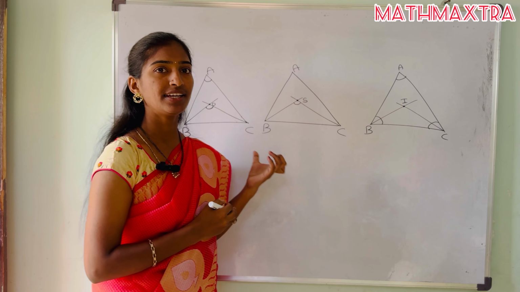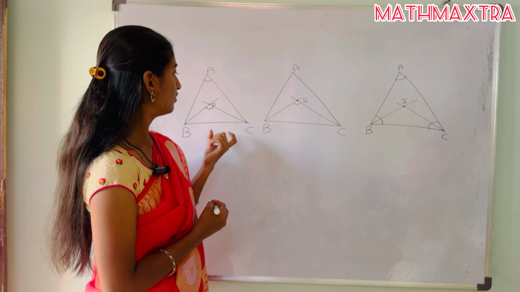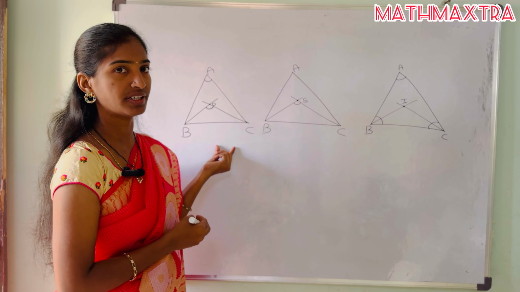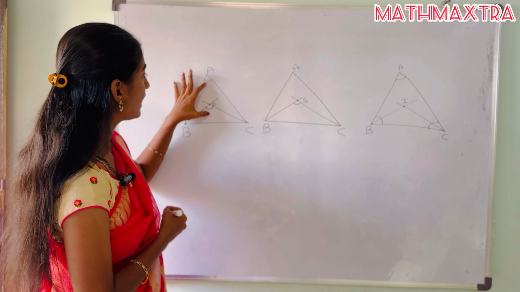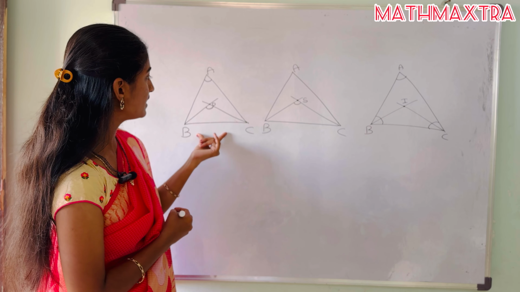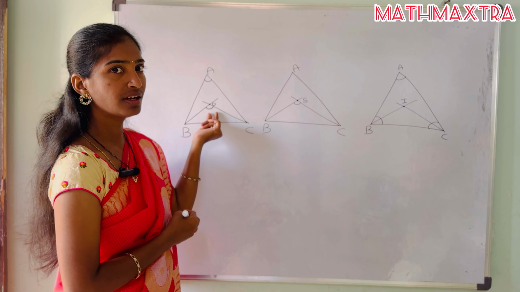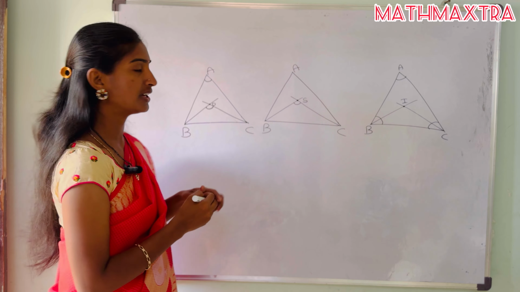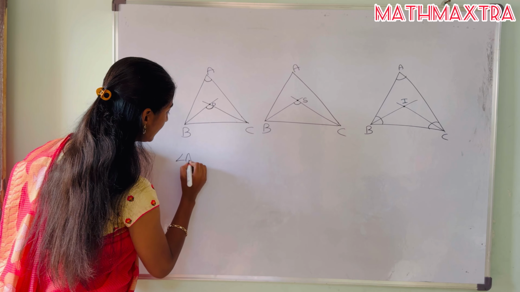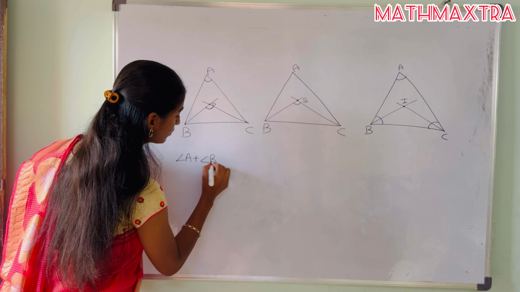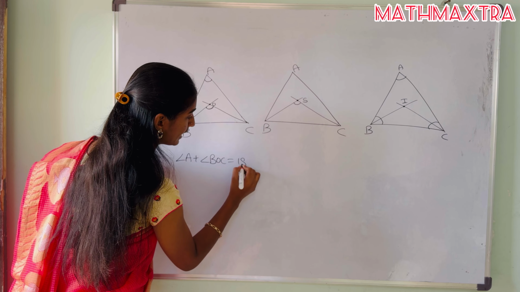We have seen one relation for the orthocenter: angle A and the angle formed by this side at the orthocenter are always supplementary to each other, that is angle A plus angle BOC is equal to 180 degrees.